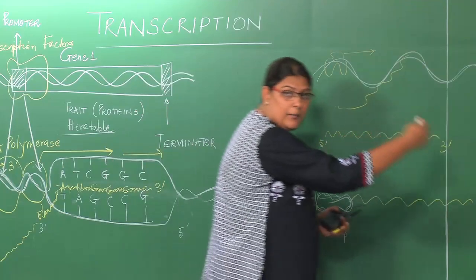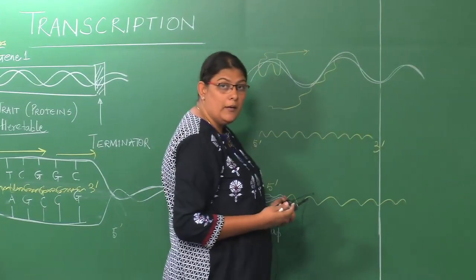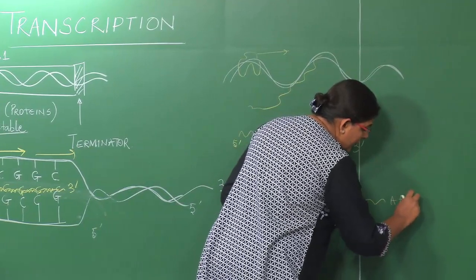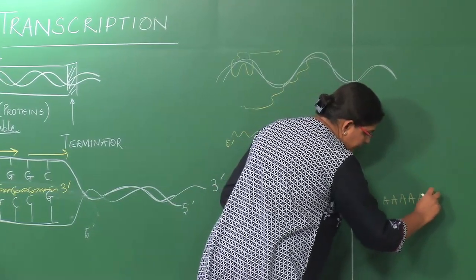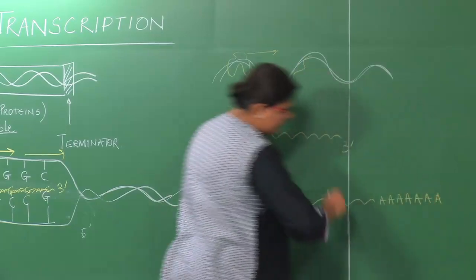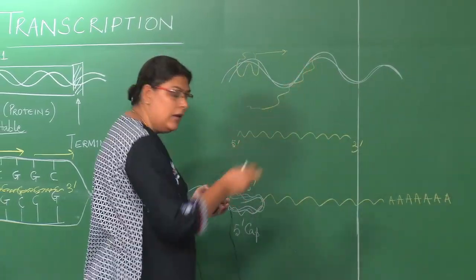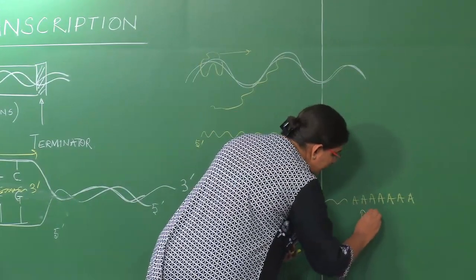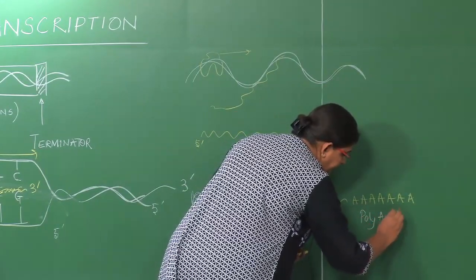Similarly, the 3 prime end of the mRNA in eukaryotes will have a stretch of a few adenines. This is like an adenine tail, and this is also called a poly A tail.